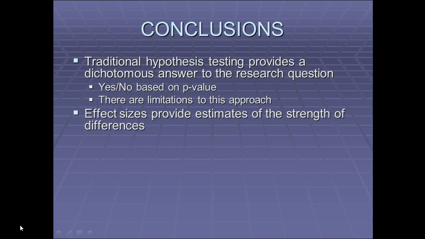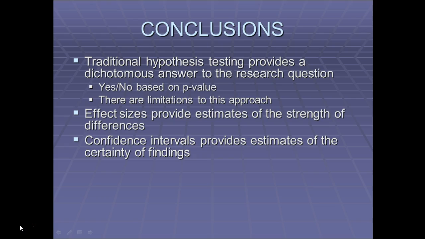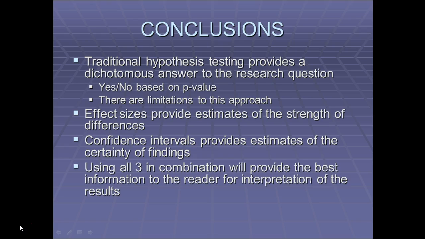And so that's where the effect size comes in. The effect size provides estimates of the strength of the differences between the groups. The stronger the differences, the more we can support the use of that intervention or treatment in research. Then couple the effect size with the confidence interval, and we can be even more certain that our strong effect size really is what it purports to be.